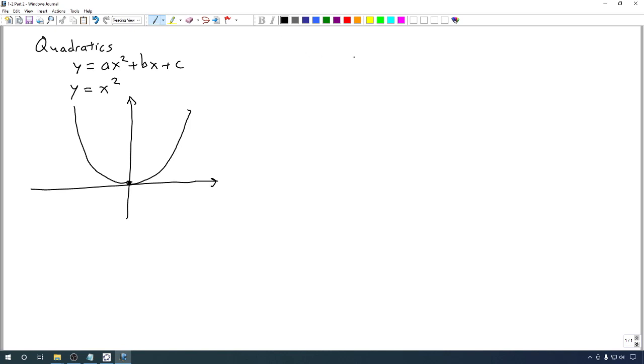Another simple category are linear equations. These can be something that looks like maybe ax plus by is equal to c. As long as not both a and b are equal to 0, this is going to be the equation of a line. Now you might be more familiar with the form of y equals mx plus b. This doesn't actually capture every line.